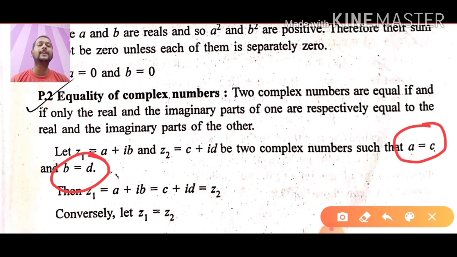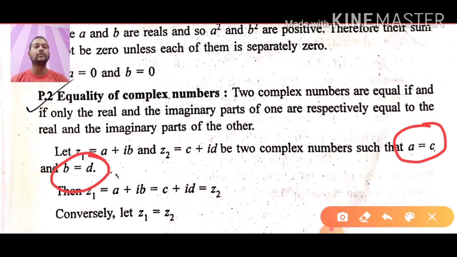Conversely also we can say if the real and the imaginary parts of two complex numbers are equal, then the complex numbers are said to be equal. Here two complex numbers are said to be equal if their real parts and the imaginary parts are equal.